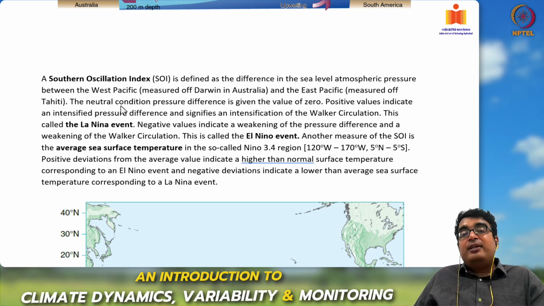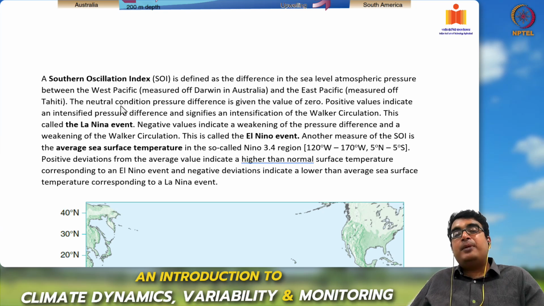The West Pacific pressure is measured at Darwin in Australia, which is on the north coast of Australia, and the East Pacific pressure is measured at Tahiti.